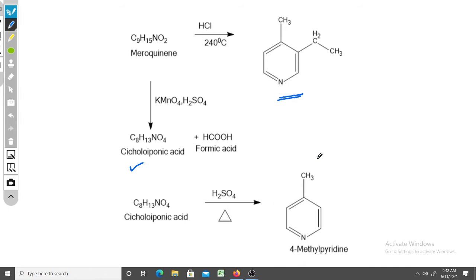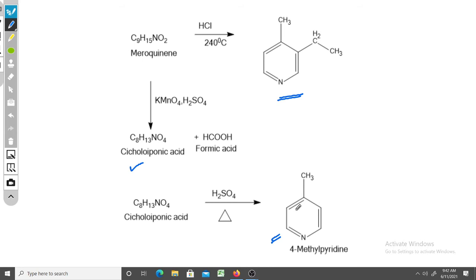By identifying both these products, that is the 3-ethyl 4-methyl pyridine and the 4-methyl pyridine, it is common that here there is a 6-membered heterocyclic ring.